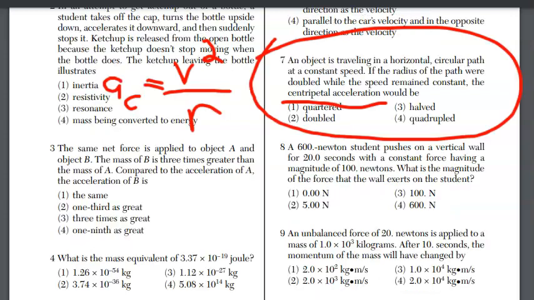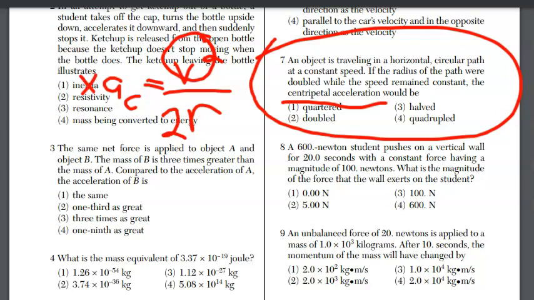Now that I wrote my equation down, let's go back to the question. An object is traveling in a horizontal circular path at constant speed, so the speed is not changing. All right, if the radius is doubled, so if we're going to do 2r, then what happens to the acceleration?